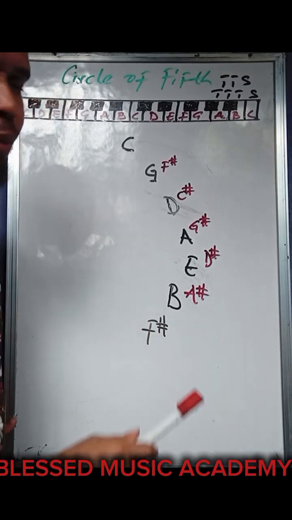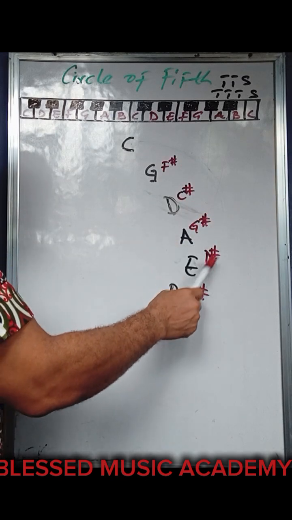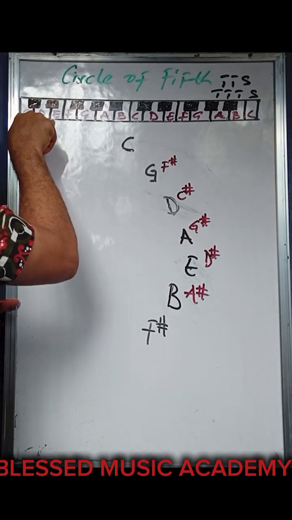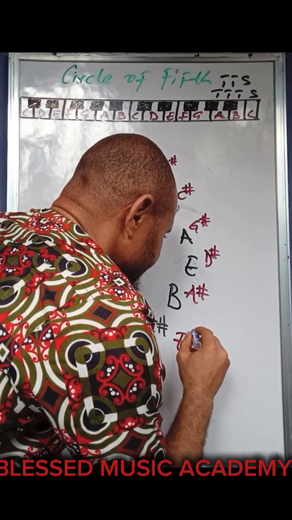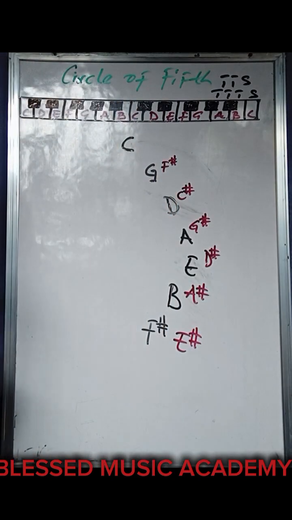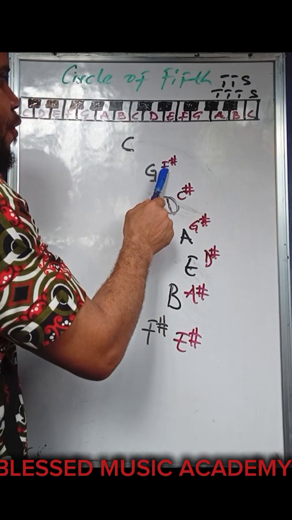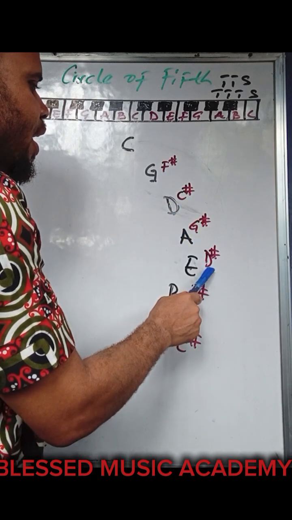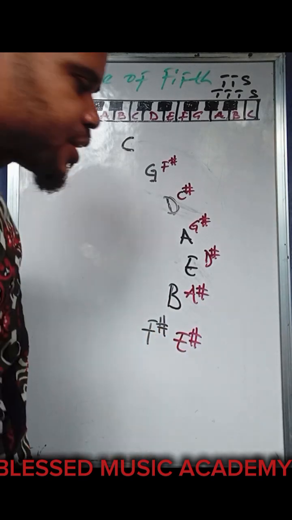The keys that are sharpened are F, C, G, D, A, and if you count backward, your E. So in the key of F sharp major, F, C, G, D, A, and E are sharpened.